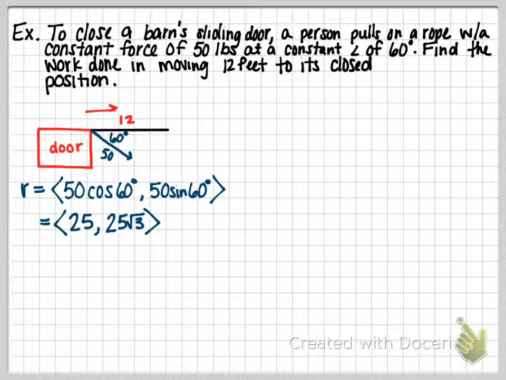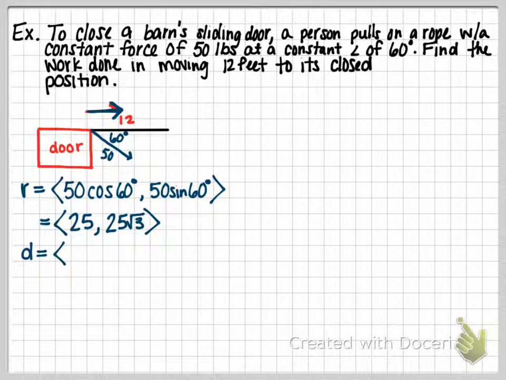Now let's talk about the door. So we'll call it D. The door is just going to go 12 feet, in the right direction. So that means it's going to go entirely horizontal and entirely positive, because remember, right is positive.